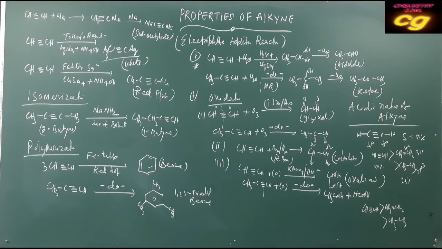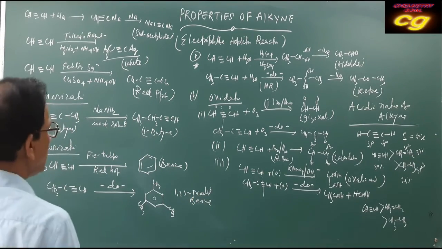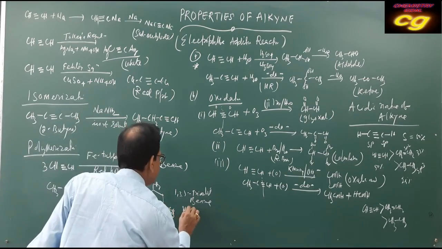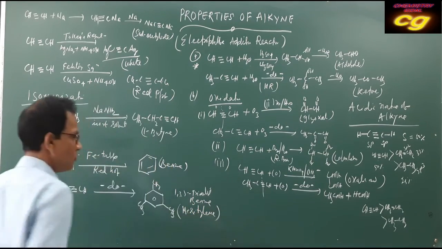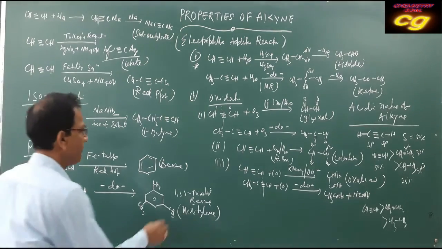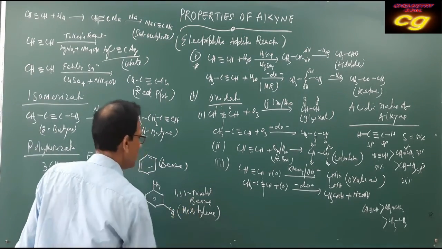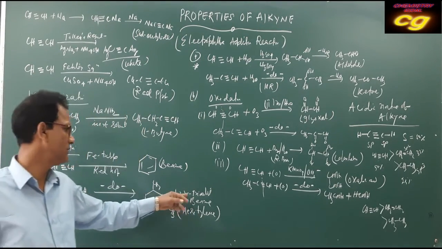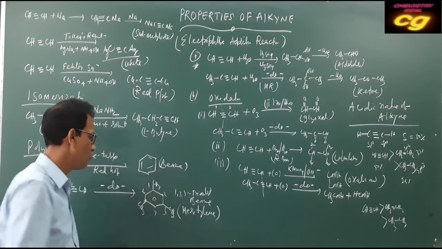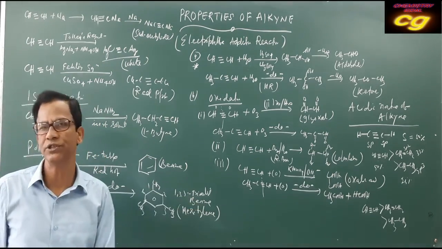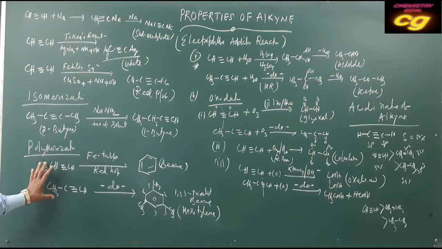These are polymerization reactions. This is also called mesitylene, or 1,3,5-trimethylbenzene. These are the polymerization reactions of alkyne, that is, acetylene derivatives.